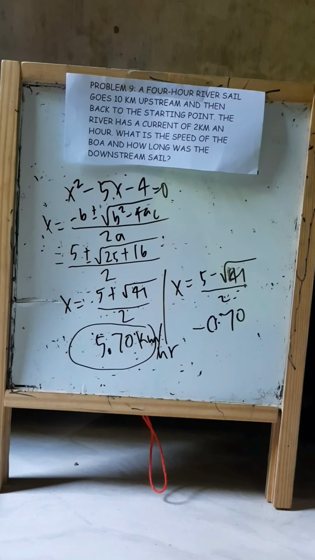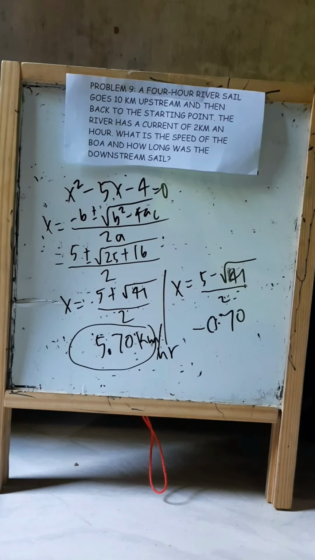And the time for the downstream sail is 1.30 hours. This is the speed of the boat. And how long was the downstream sail? The answer is 1.30 hours. How did we get that?